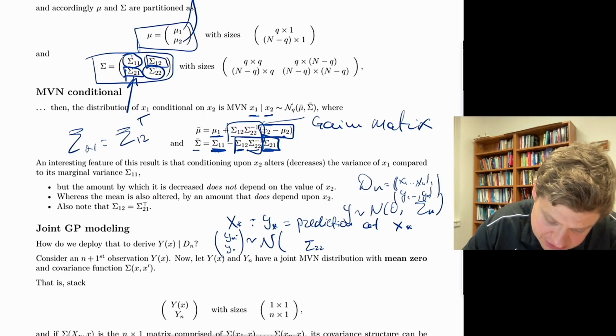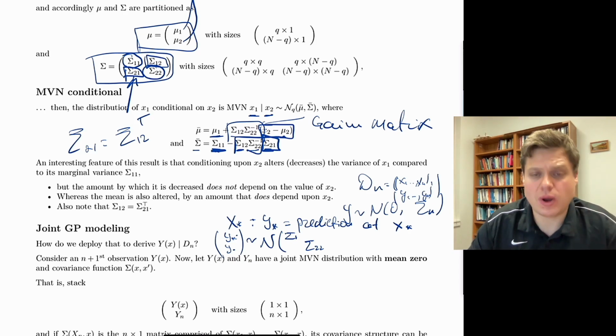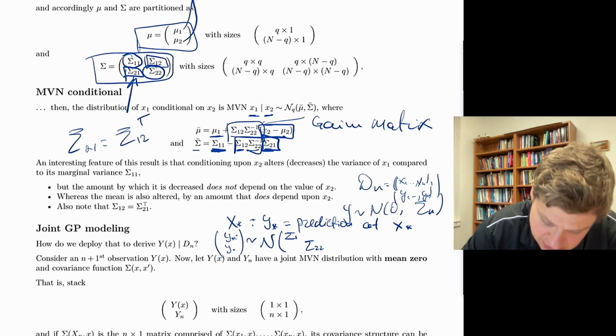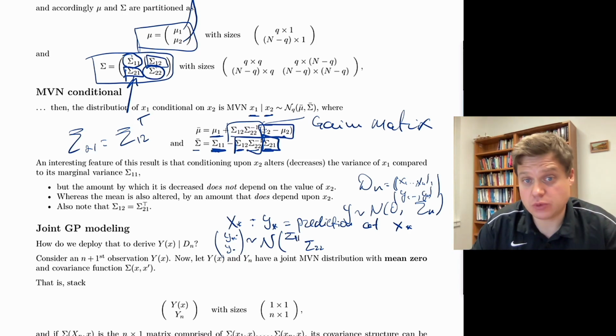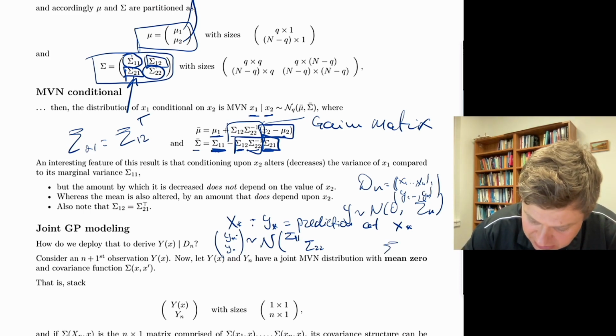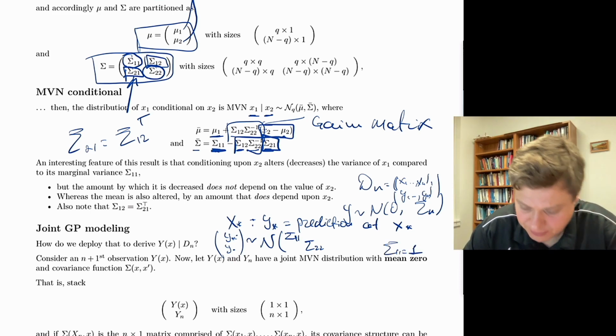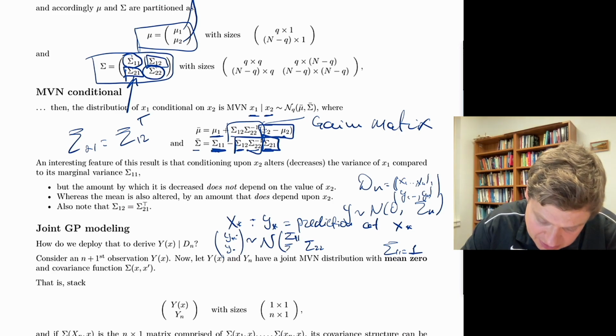And I know my sigma 1 1, which is just the covariance of my new x with itself, which is 1. So my sigma 1 1 equals 1. And then sigma 2 1 and sigma 1 2 here.